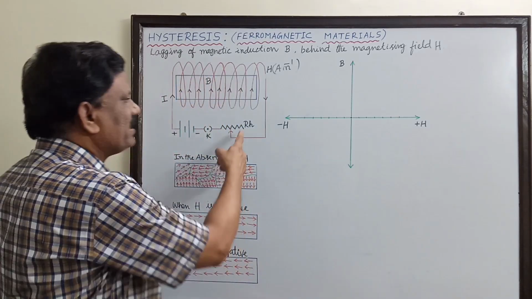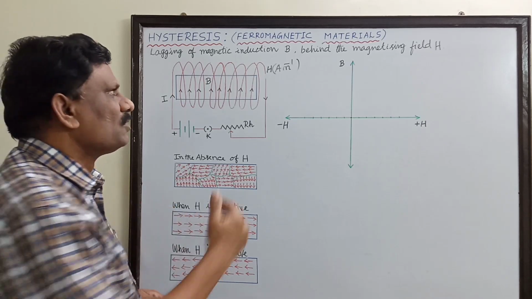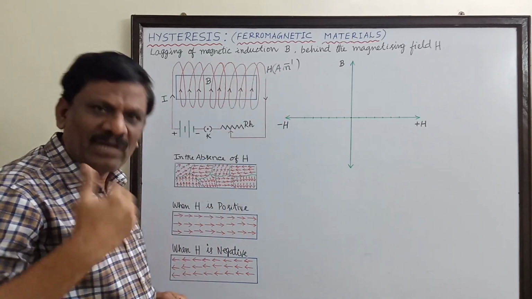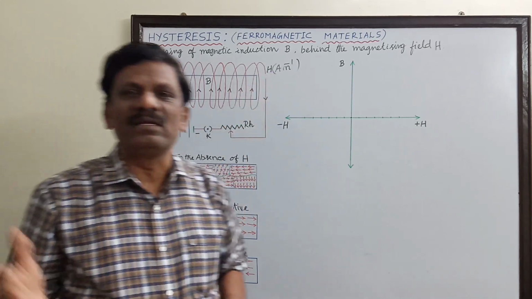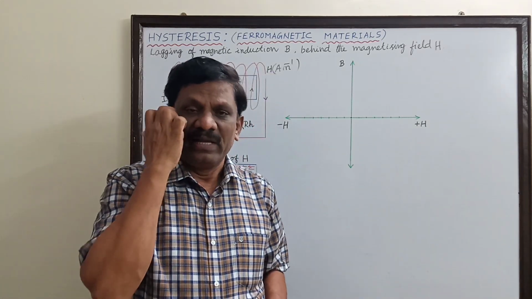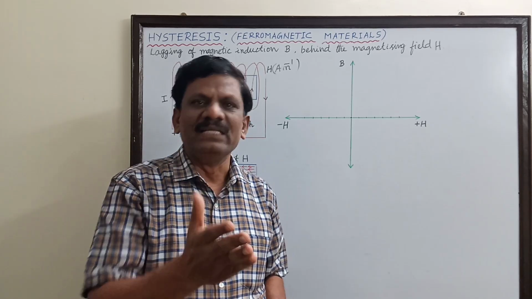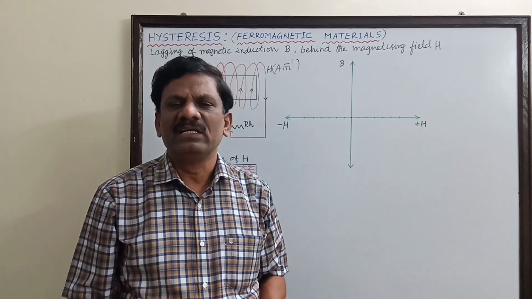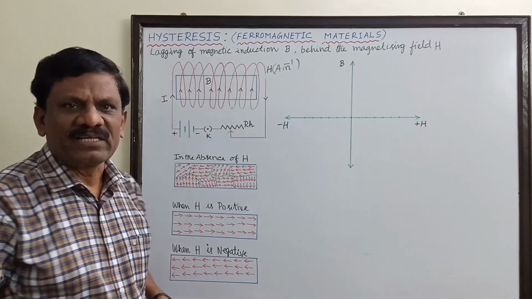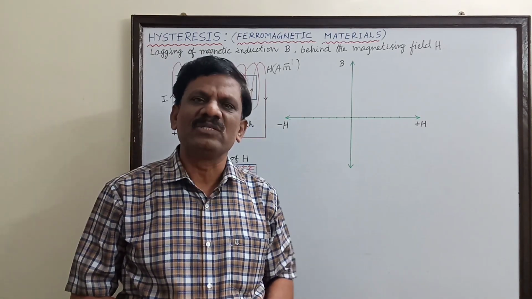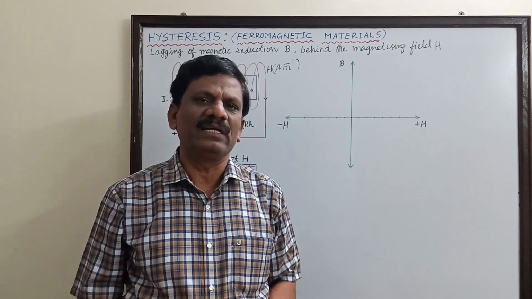Now using the rheostat, when the current I is continuously increased, H in ampere per meter will also increase. That is, the external magnetizing field strength also increases. Whenever you increase the current, there is a proportionate increase in the external magnetizing field, and again a proportional increase in the magnetic induction. B also increases initially along with the increase in the magnetizing field.